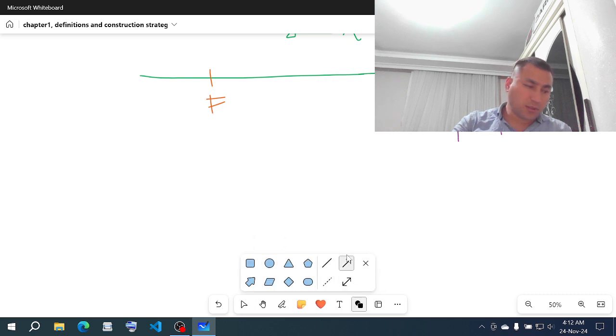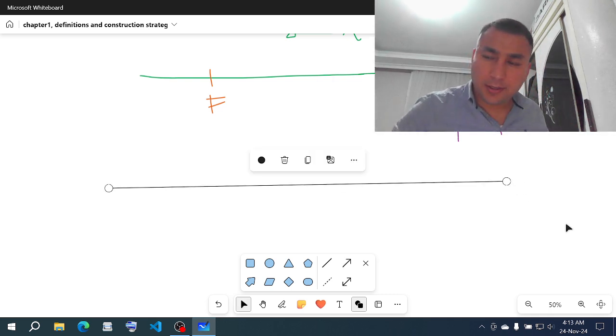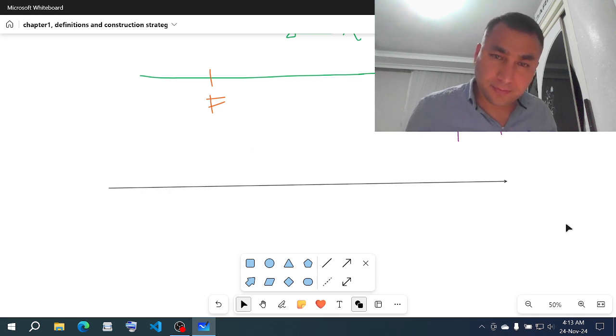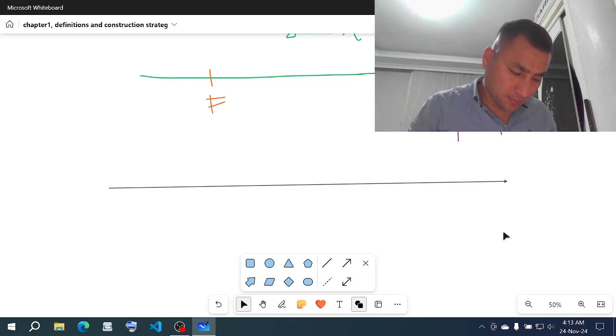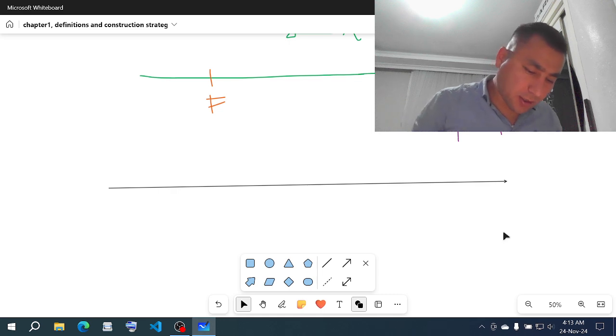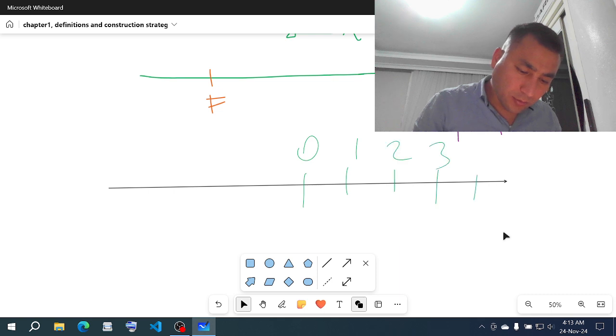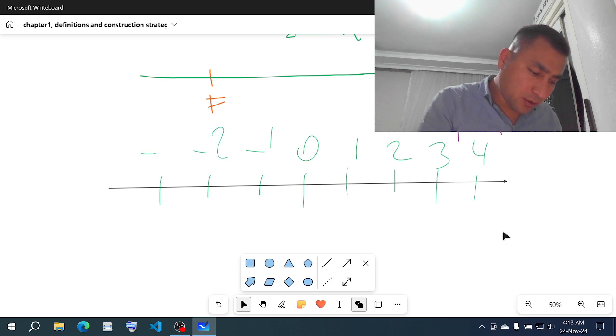Let me give you an example. Basically, we have a line, let's say, and it's divided into some parts like this: 0, 1, 2, 3, 4, and -1, -2, -3, -4.